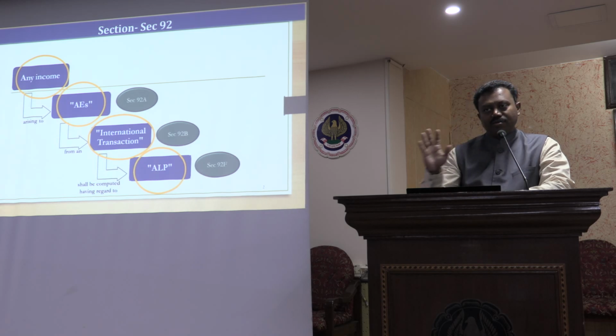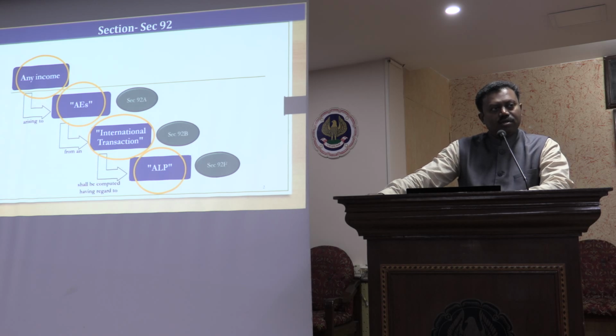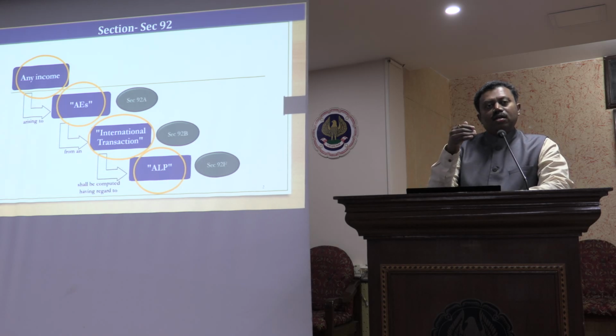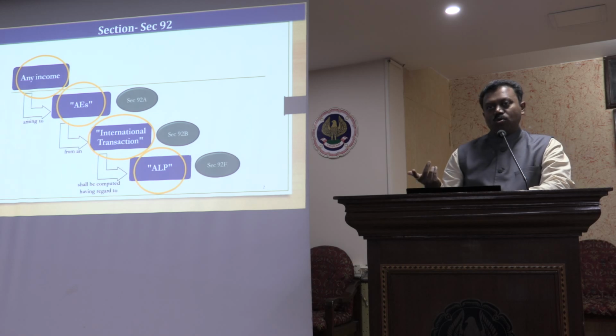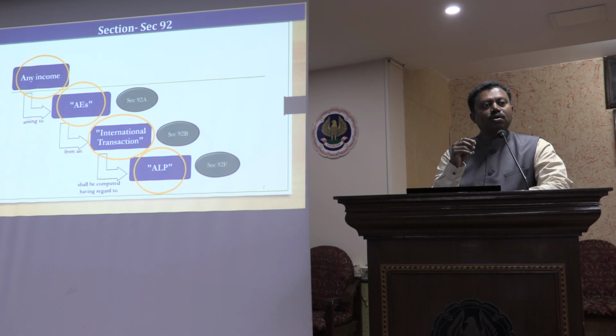What is that country? We can discuss later. By doing that, if the taxable profit in India comes down, then the tax collection to Indian authorities is low. Hence, there is a need to ensure the transactions are at arm's length.